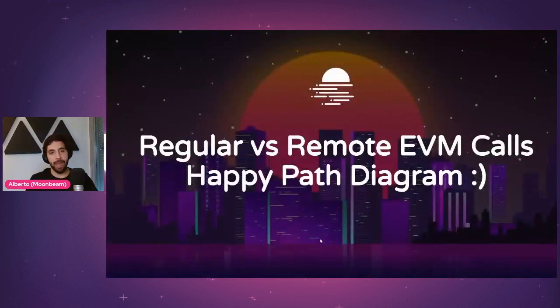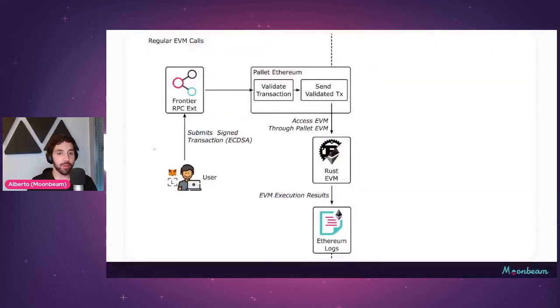So let's compare regular and remote EVM calls, and this is going to be the happy path. We don't want anything failing here, so we're just going to show you the happy path. So we have a user that is happy because it's interacting with Moonbeam, and this user wants to transact with a given smart contract, and this is all inside Moonbeam. And so the user will just submit a signed transaction, and this is in Ethereum style signature.